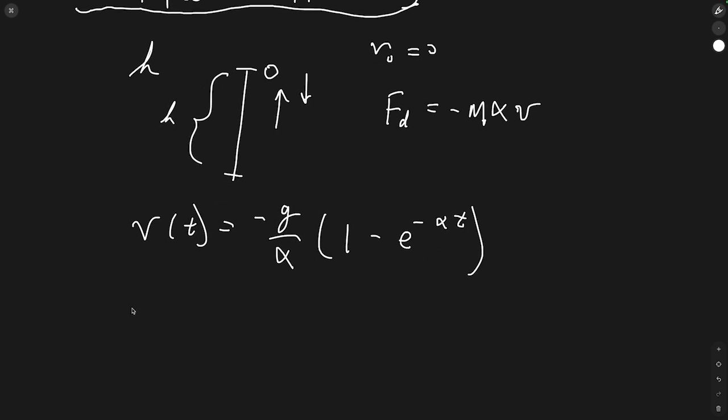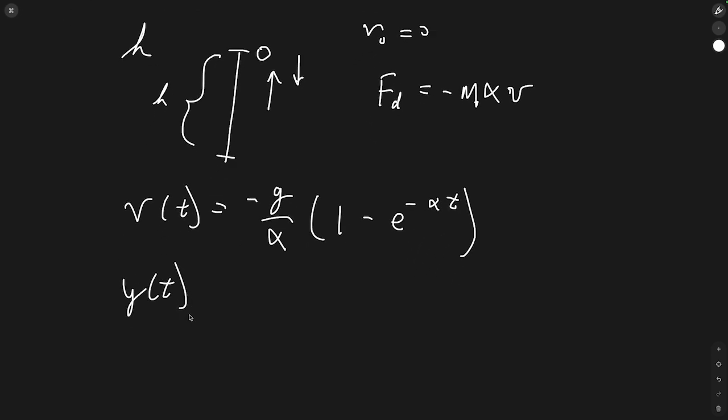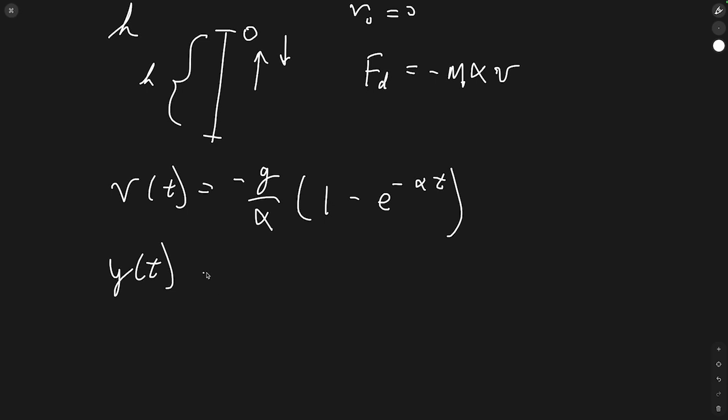And the ball's position, the ball's height, essentially, is going to be h minus g over alpha times t minus 1 over alpha times 1 minus e to the minus alpha t. So now we want to use limiting cases to see if this answer has the potential to be right.